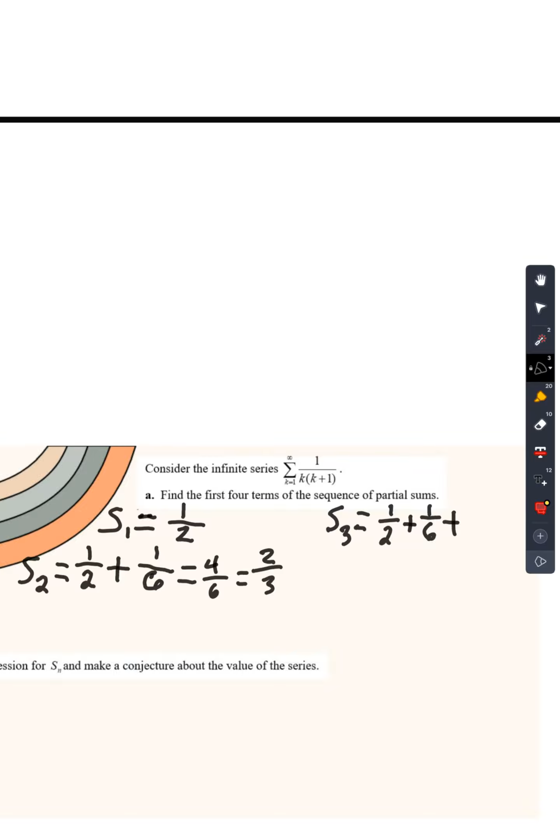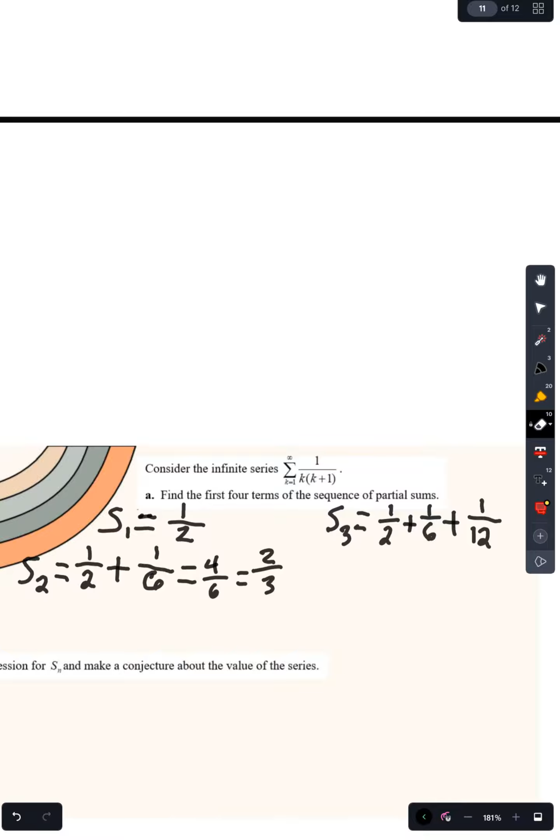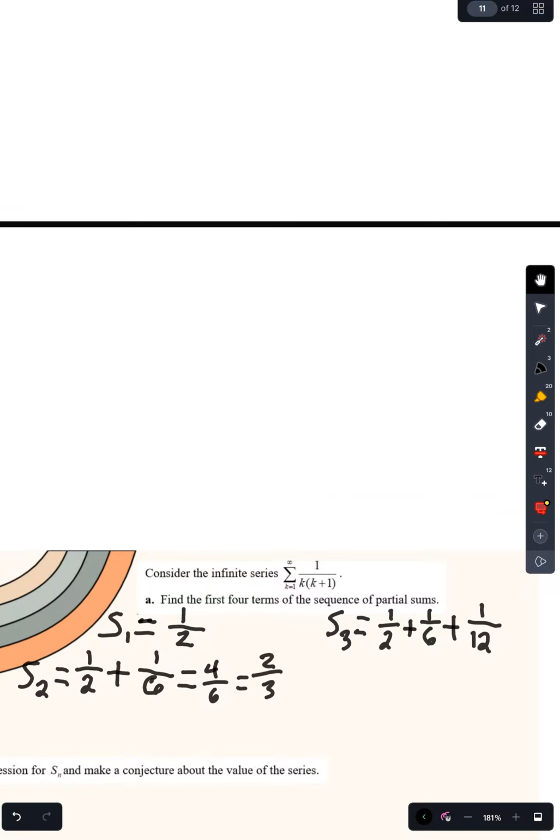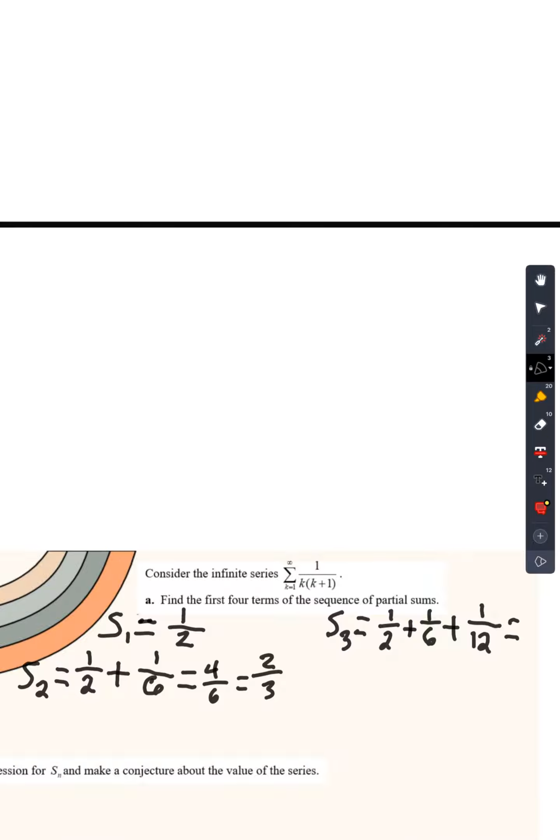So notice that if I plug in 3, I get 1 divided by 3 plus 1 gives us 4 times 3 is going to give us 12. So if we add all of those together, we should get 9/12, or in other words, 3/4.